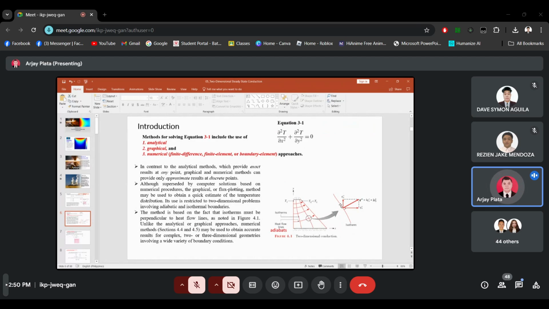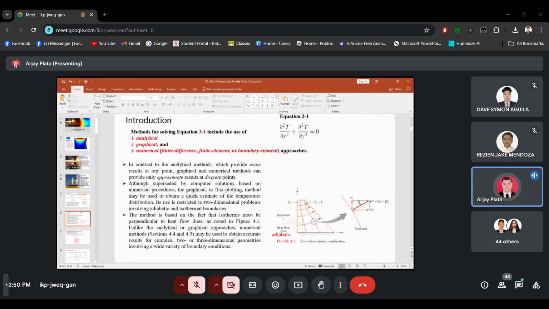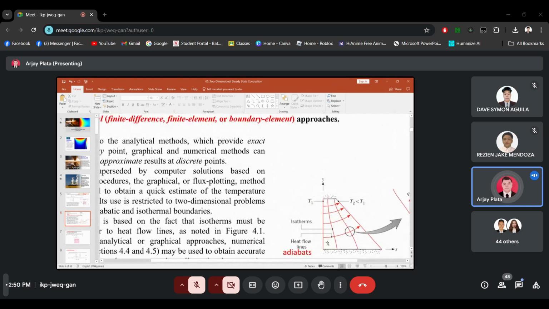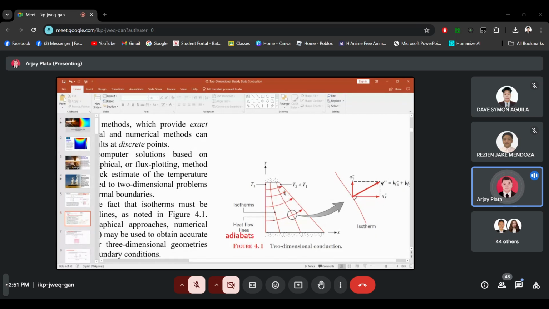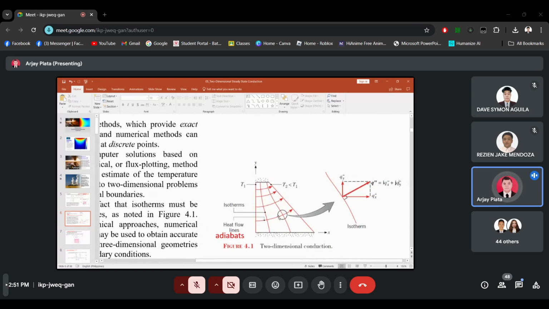In this figure, I just have to magnify it. The resultant heat transfer here is perpendicular to the line of isotherm. As you can see, this is our isotherm, the vertical line. Perpendicular to the isotherm is the heat transfer.